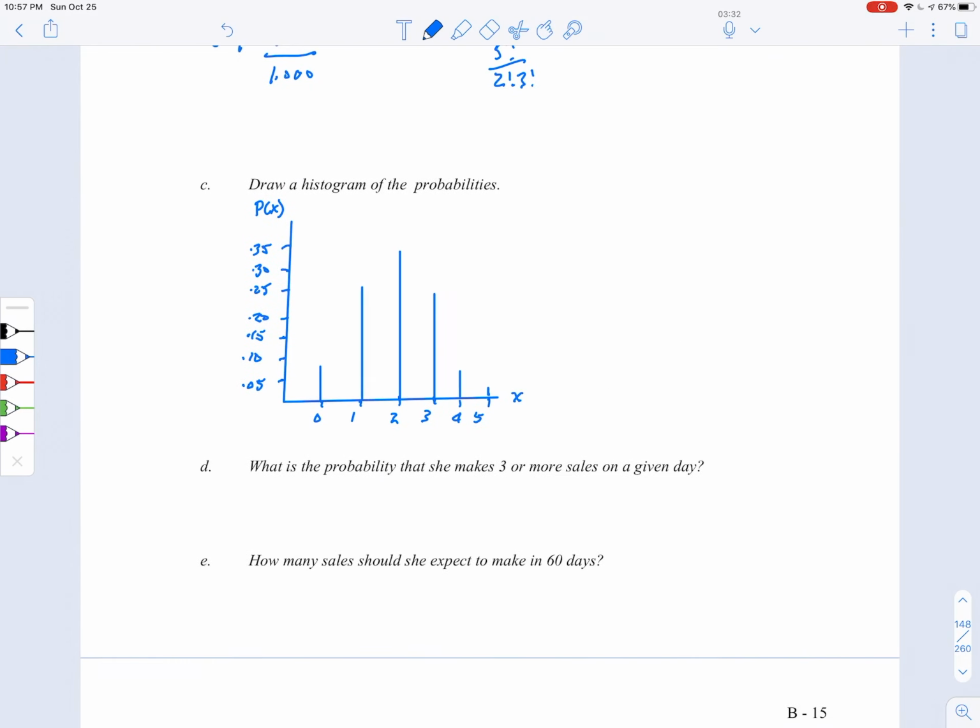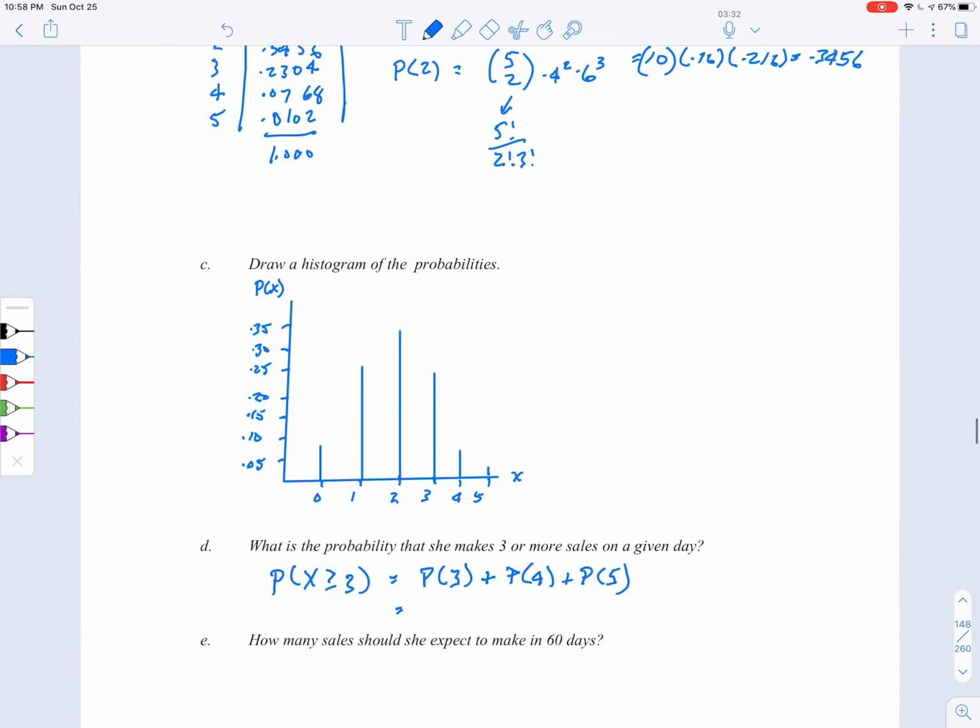What's the probability that she makes 3 or more sales in a given day? That would be the probability that x is greater than or equal to 3. So that's the probability of getting 3 or 4 or 5. Okay.